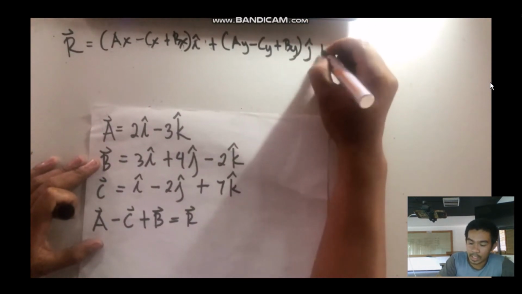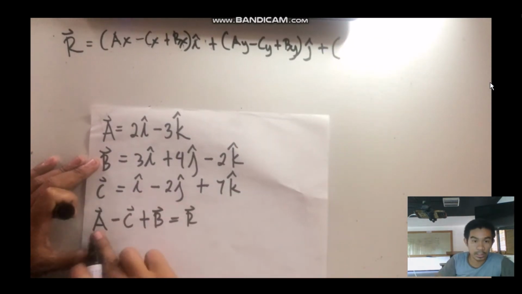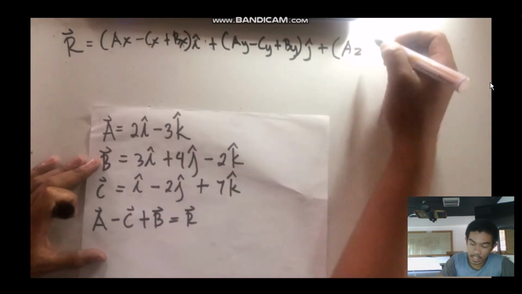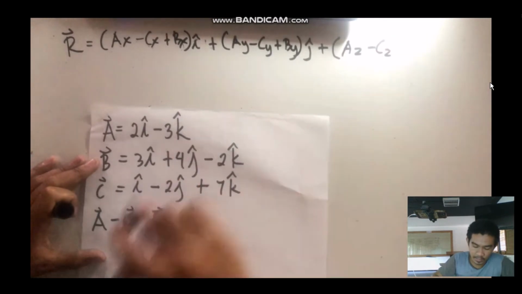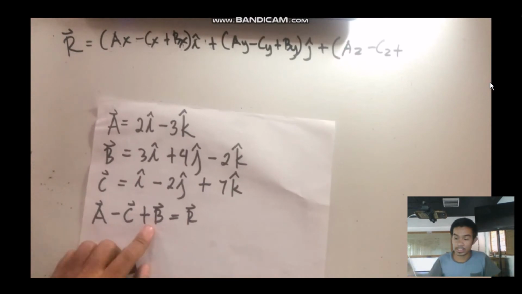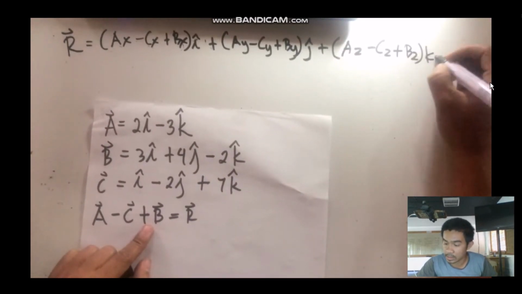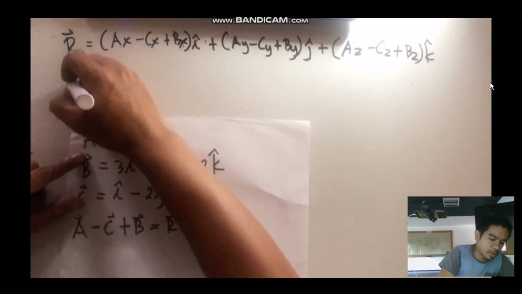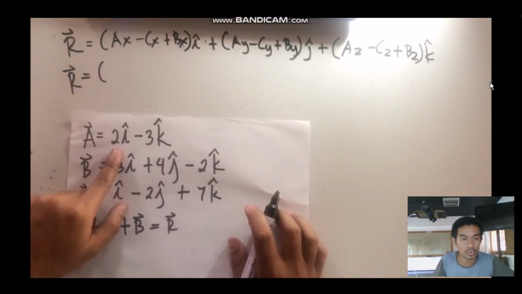And then plus for the z component of vector R, since this is vector A, we have AZ minus CZ plus BZ k hat. So vector R equals, what's A of x? 2.